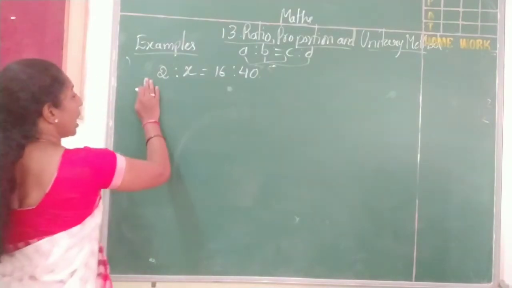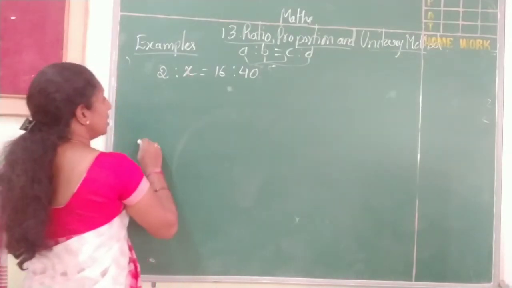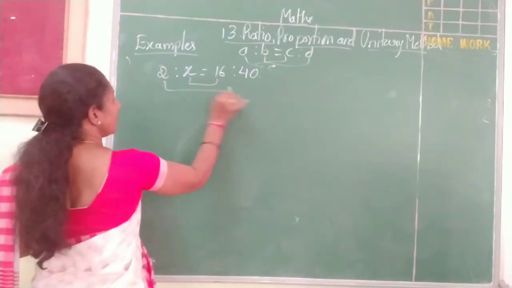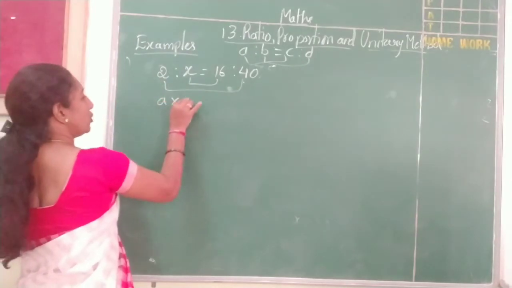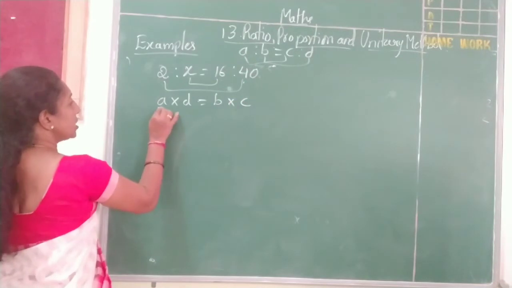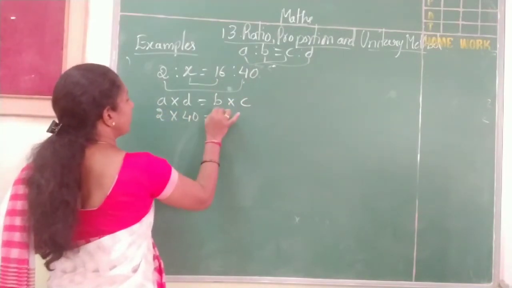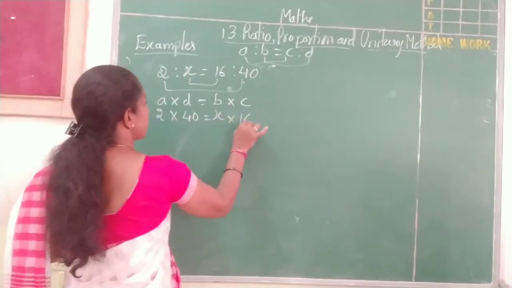Okay, so here I will write 2 kg means 16, and for how much? It is 40. So we can do like this. Product of means: A into D is equal to B into C. So A is 2 into 40 is equal to B, which is x into 16.